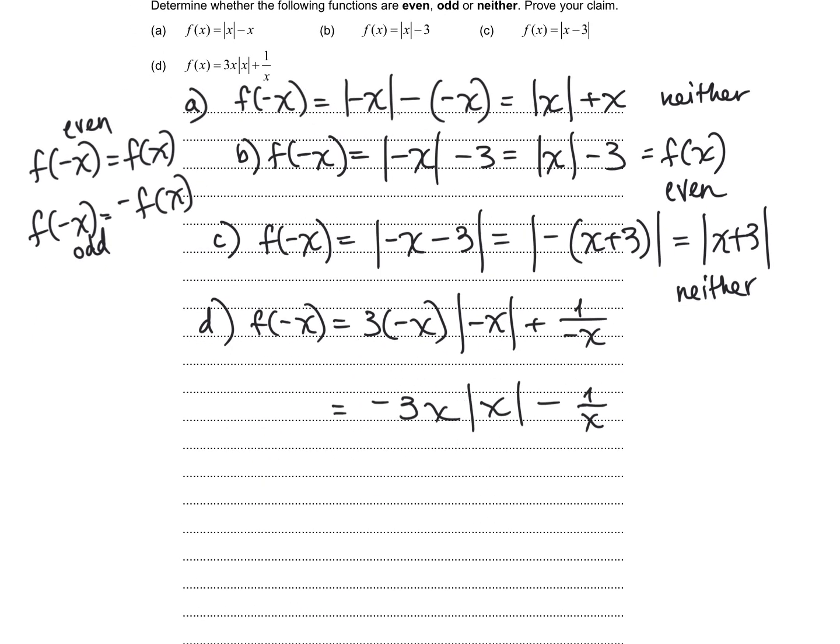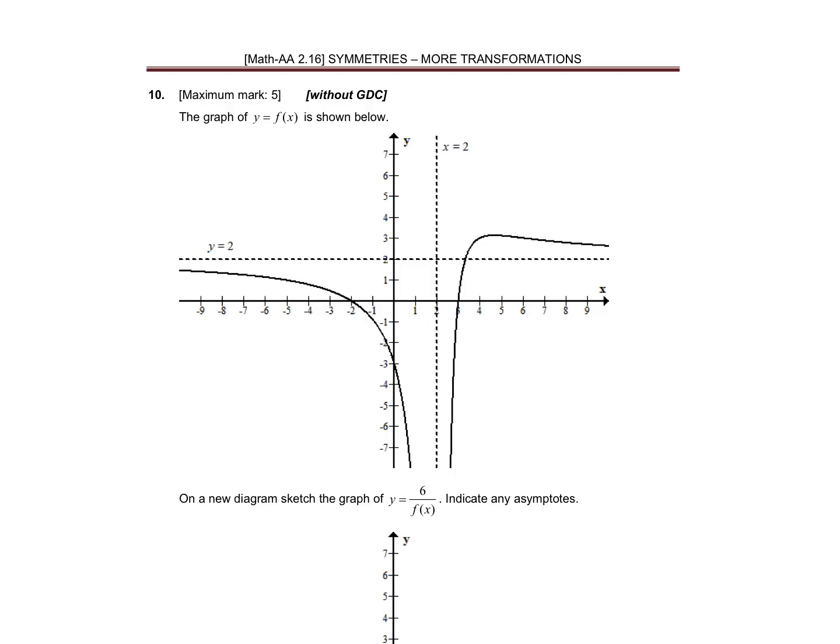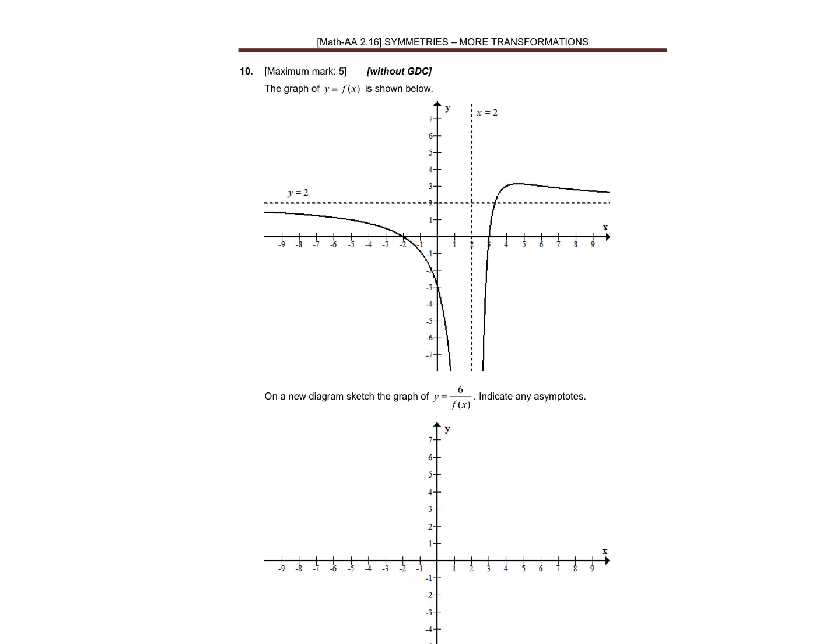And here we can factor out a negative. That's going to be 3x, absolute value of x plus 1 over x. And this is equal to negative f at x. So this is odd.